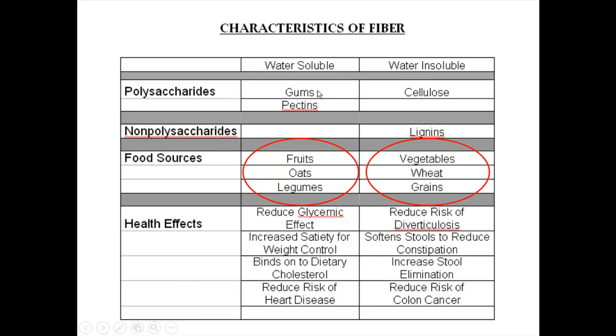We are going to say that anything that's a fruit, an oat, or a legume, so legumes are beans, like pinto beans or navy beans, not green beans, but chili beans, those kinds of things, we're going to say those are water soluble. You and I know that they have both, but we're just going to classify those as soluble, because if you were told to increase your soluble fibers, you would increase these foods. And these are the ones that we're going to consider insoluble.